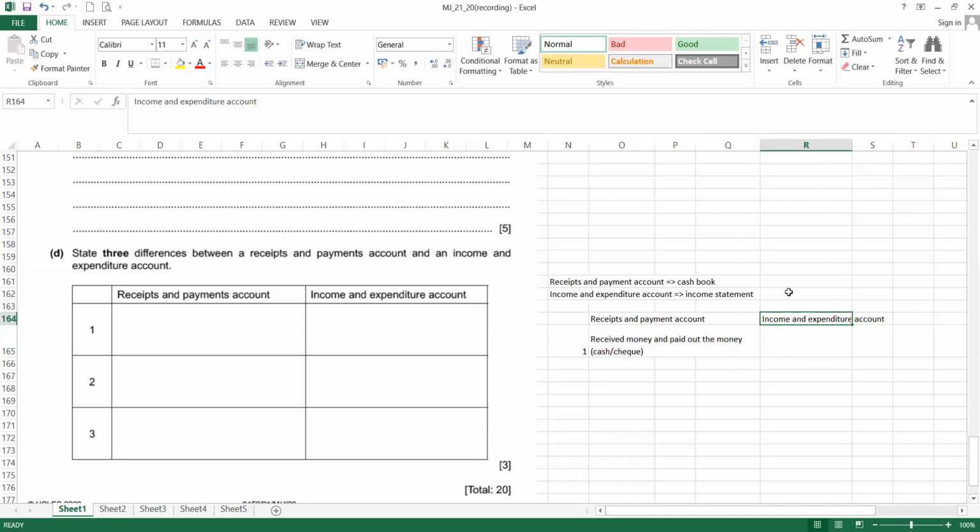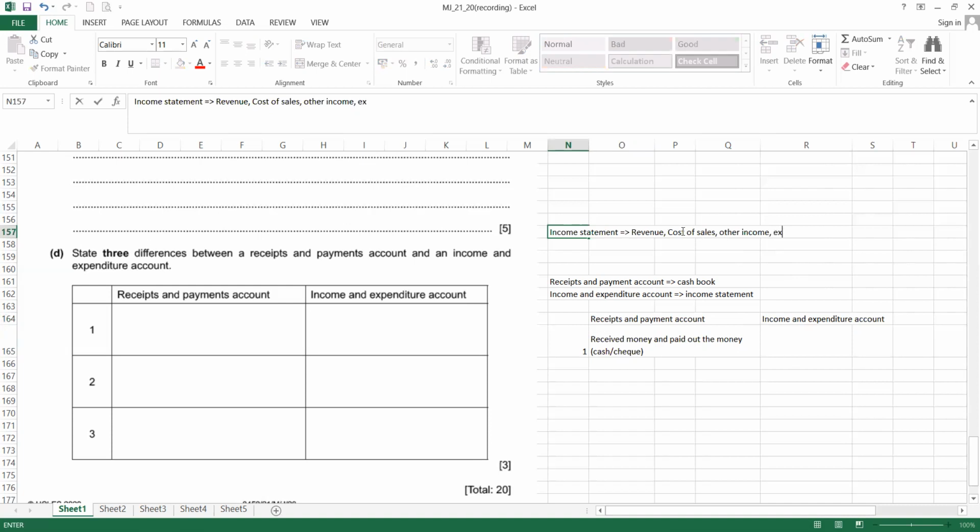In the income statement, you have 4 sections: revenue, cost of sales, other income, and expenses. But in the income and expenditure, you cannot talk about cost of sales because this is a service. Normally we have 4 sections because we assume most of the time the exam is a trading business.